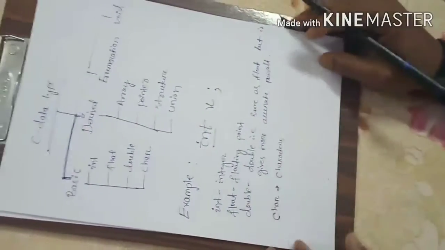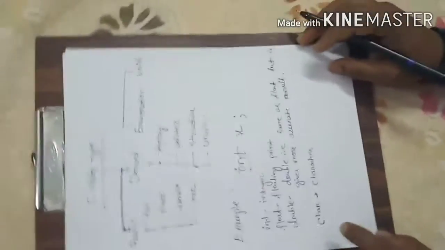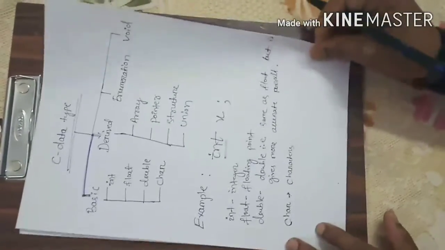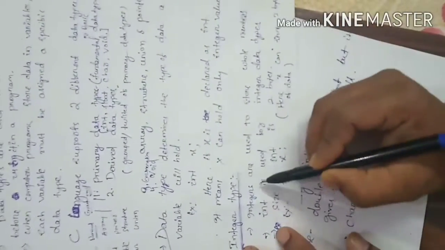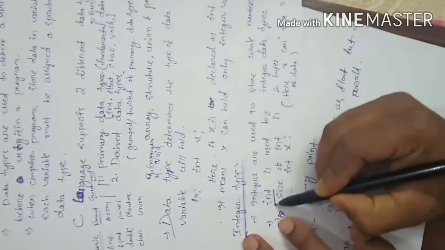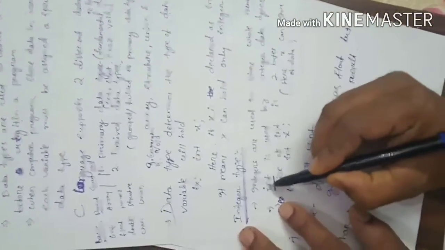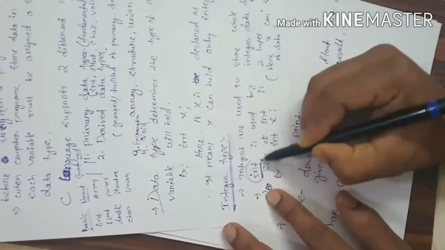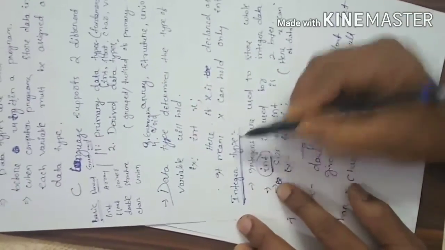So I want to show this int, float, double, and char data type. Here we will see for integer. What is integer type? Integers are used to store whole numbers. Int is the data type we are using for integer type.